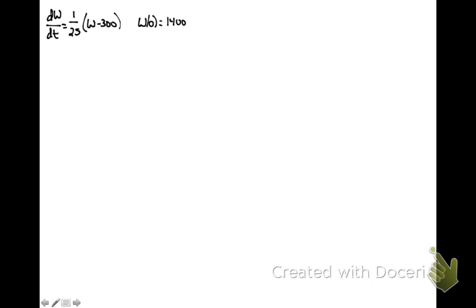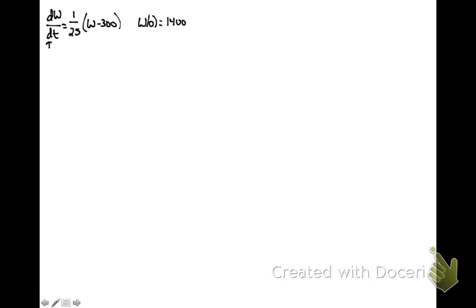Anytime you're asked to solve a differential equation, the first thing you must do is separate the variables. What I mean by that is get everything with w on one side and everything with t on the other side. Let's just deal with the left-hand side first.